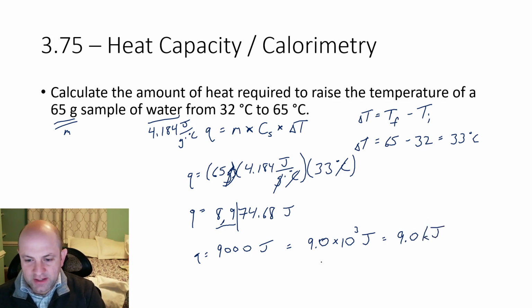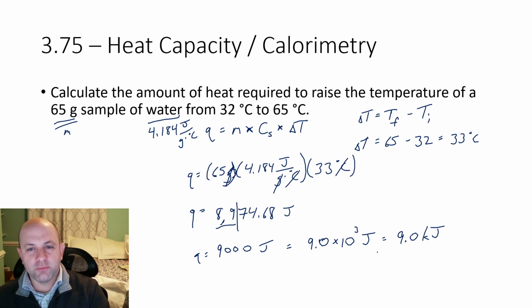Either answer would have the 2 sig figs we're looking for. Sometimes for a problem like this, pay attention to Mastering Chemistry. It might already have the joule or the kilojoule entered in. If it has joule, then use the scientific notation one. If it lets you pick, pick whichever makes more sense to you. Mathematically, these are all equivalent.